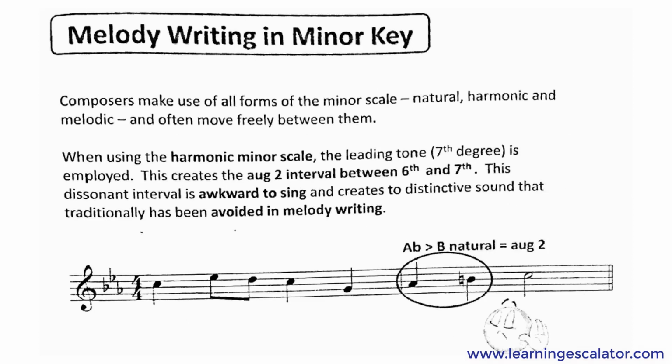Now, melody writing in a minor key. Composers make use of all forms of the minor scale, natural, harmonic, and melodic, and often move freely between them. When using the harmonic minor scale, the leading tone, which is the 7th degree, is employed. This creates the augmented 2nd interval between the 6th and the 7th. This dissonant interval is awkward to sing and creates a distinctive sound that traditionally has been avoided in melody writing.